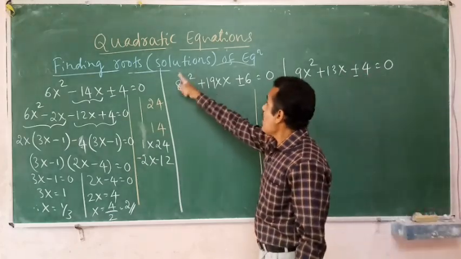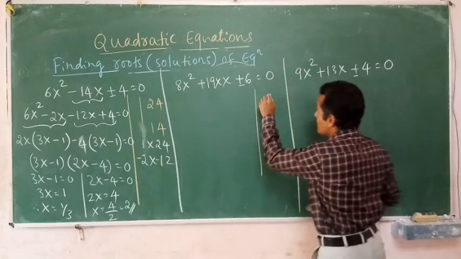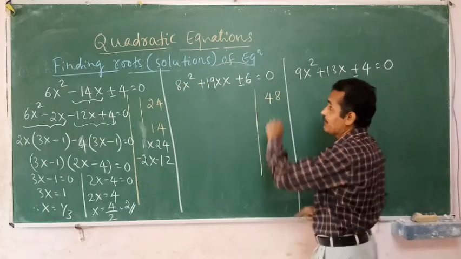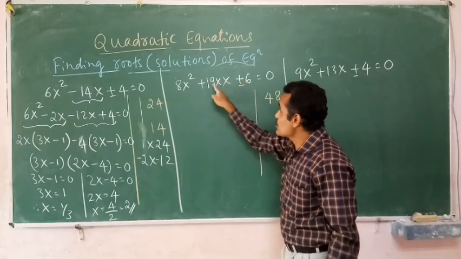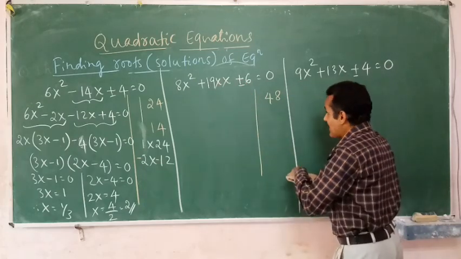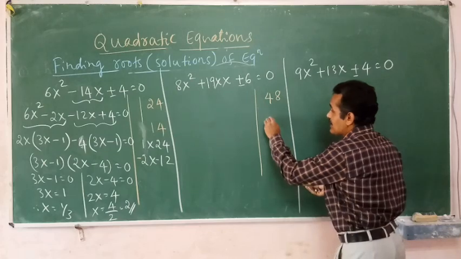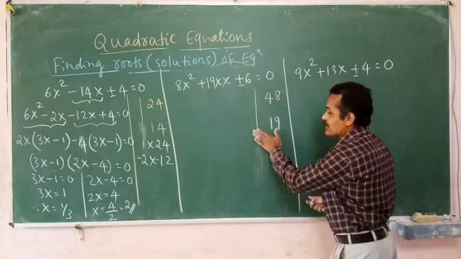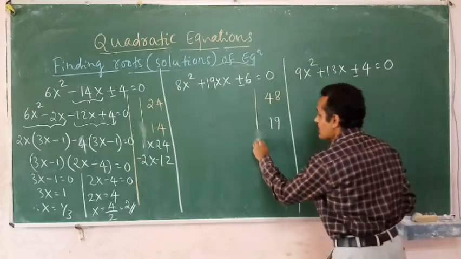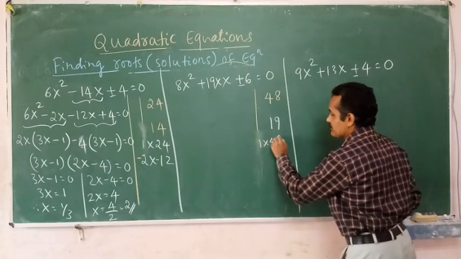Okay. On multiplying, you should get 48. And on adding, you should get 19. On multiplying 48, on adding 19. Come on, how to start? 1 48 is 48.